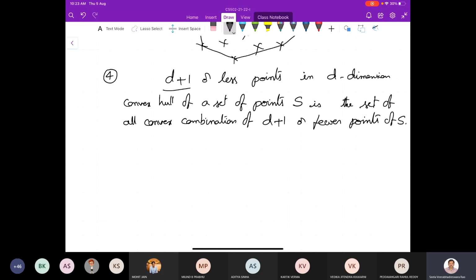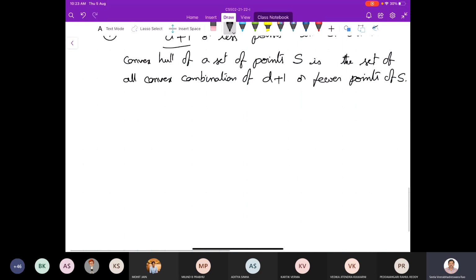So, for example, you take a 2-dimensional case. Let's take a smaller number of points. Now, the convex hull of this point set is something like this. So what is it saying? You take D plus 1 or fewer points. Let's take D plus 1 points, the 3 points at a time.